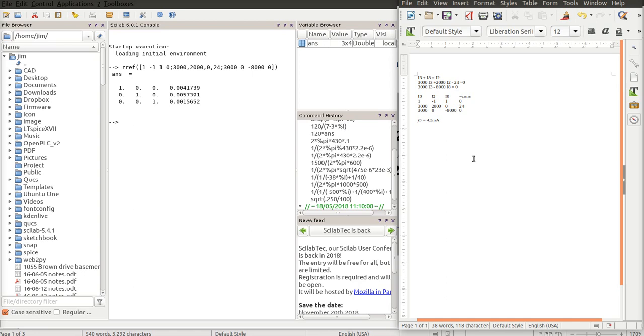I2 equals 5.7 milli. And I8 equals 1.6 milli.